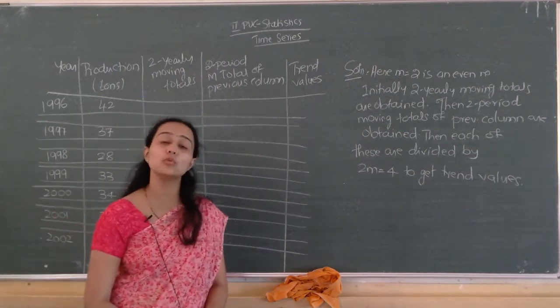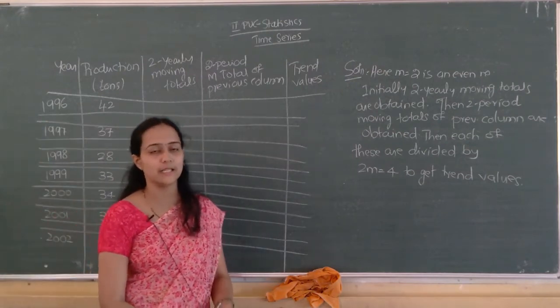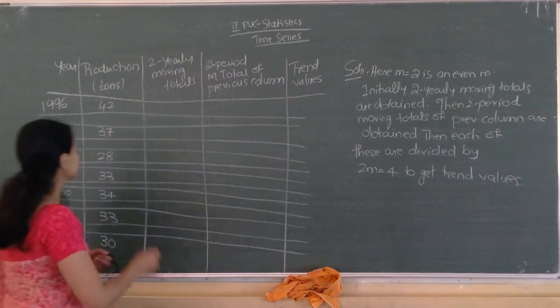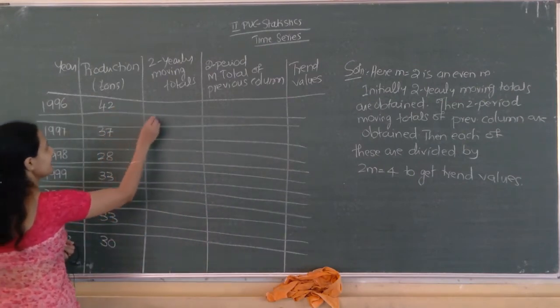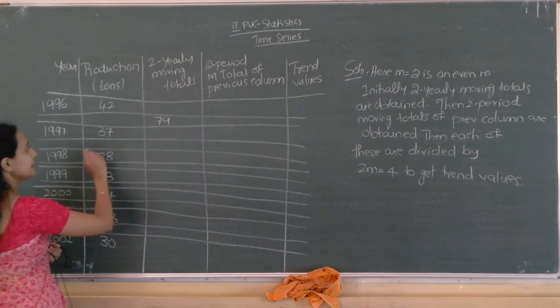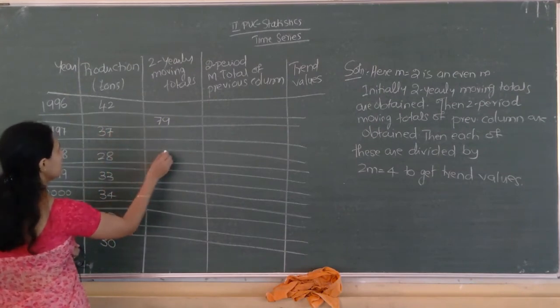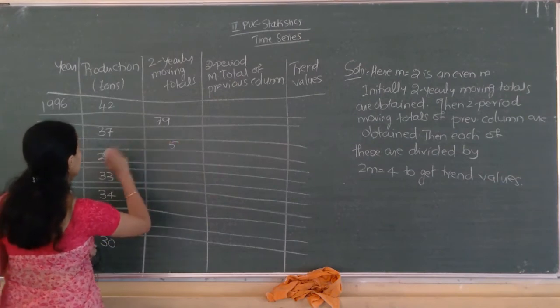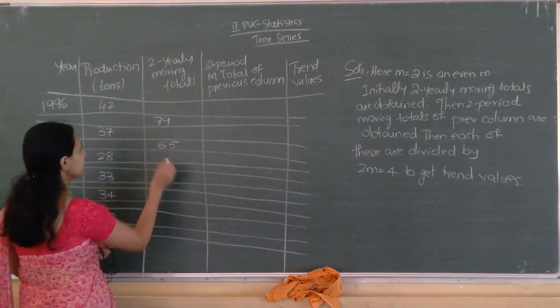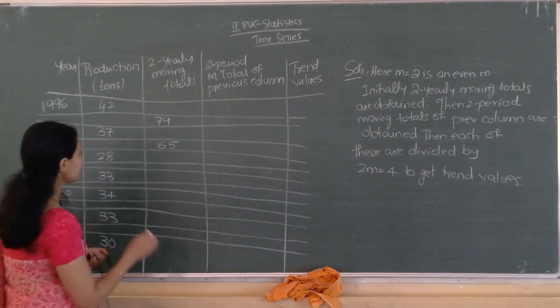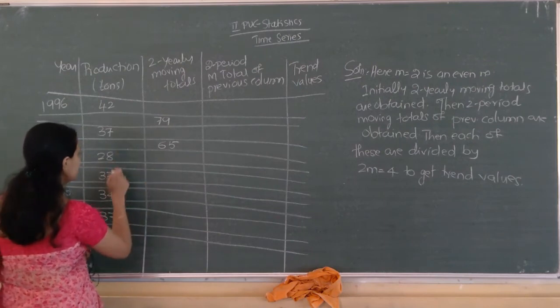How to write a 2 yearly moving total? Write in the middlemost. So first one, 42 plus 37, 79, right in the middlemost. 37 plus 28, 65. Next one is 61, these two.